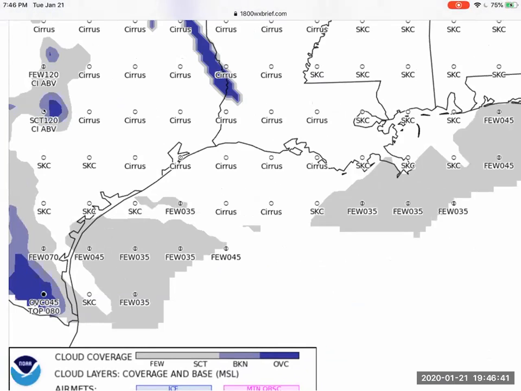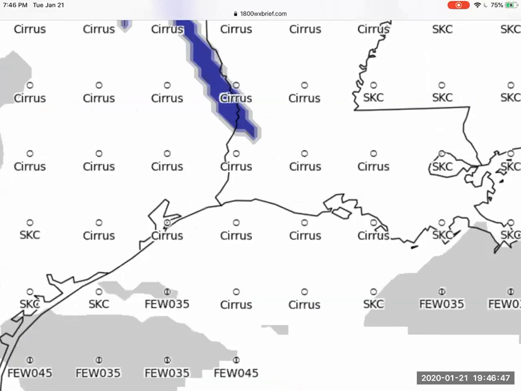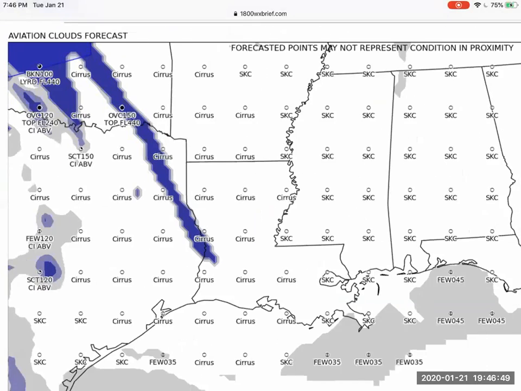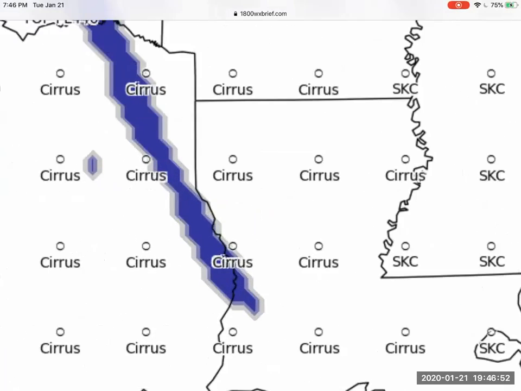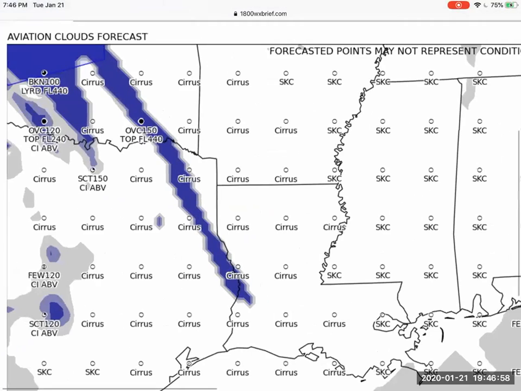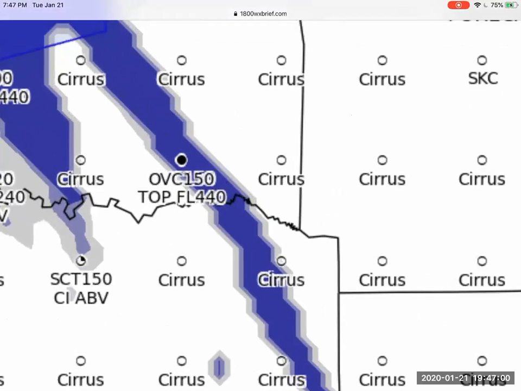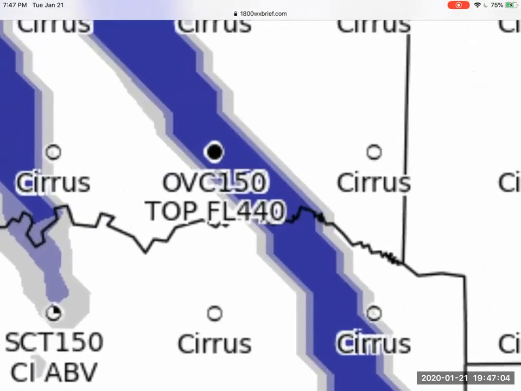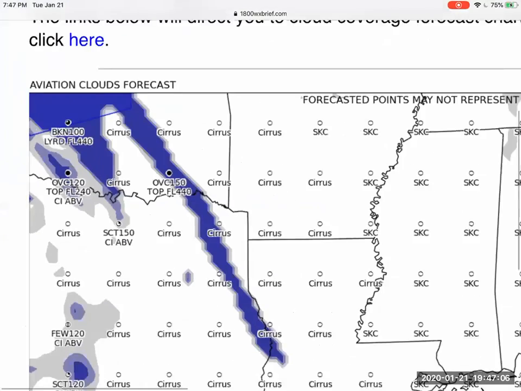If it's kind of a gray-blue color, a shaded blue, it's broken. And if it's kind of the indigo color, then it is overcast. And so there's this kind of thin layer, but in association, it just is calling for cirrus clouds. And what are cirrus clouds? They're high-altitude clouds. So they shouldn't be cause for concern. Overcast at 15,000, tops at flight level 440 in that area, but that's about it.